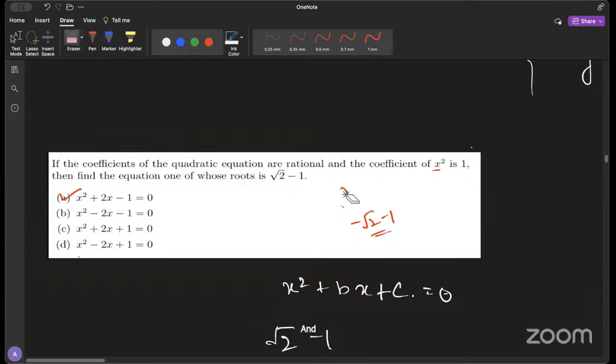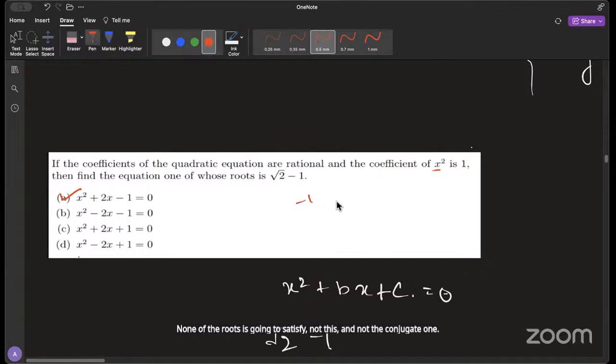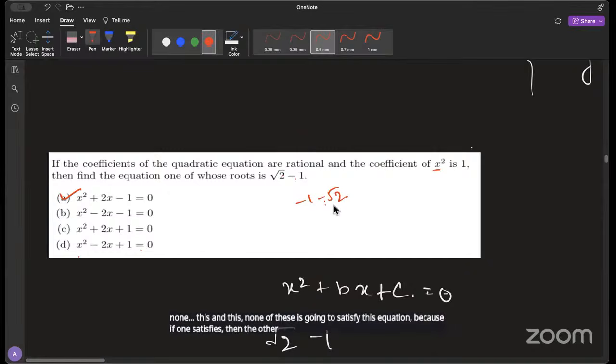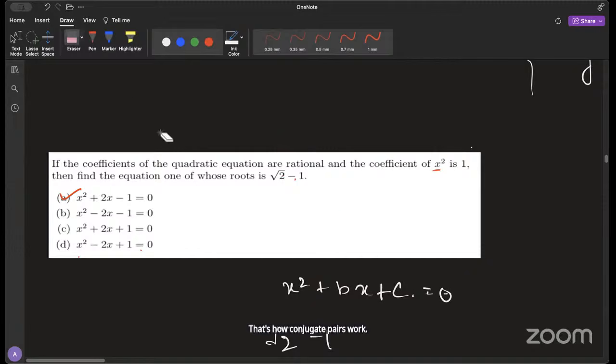And secondly, none of the roots is going to satisfy, not this and not the conjugate one, minus 1 minus root 2. None of these is going to satisfy this equation, because if one satisfies, then the other one has to satisfy. That's how conjugate pairs work. So this is incorrect, and all the others are also incorrect.